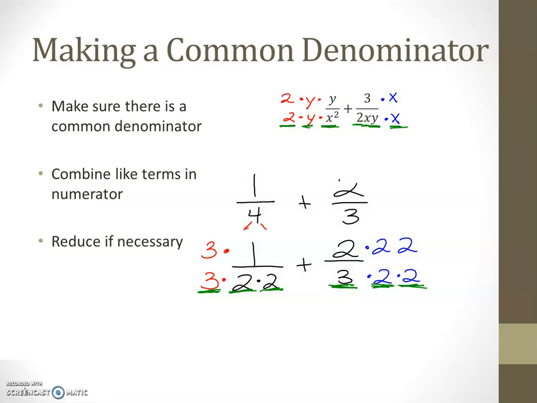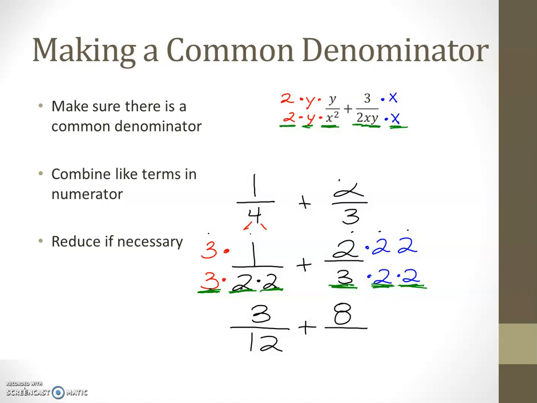Okay, then if we go back down to our fraction question down here, I had to make sure that I did everything the exact same. So up top, I've now got a 3 times a 1. So that gives me 3. Over, on the bottom, I have 3 times 2 times 2, which would give me 12, plus 2 times 2 times 2, which would be 8. If I multiply all 3 of these 2's together, that gives me 8.